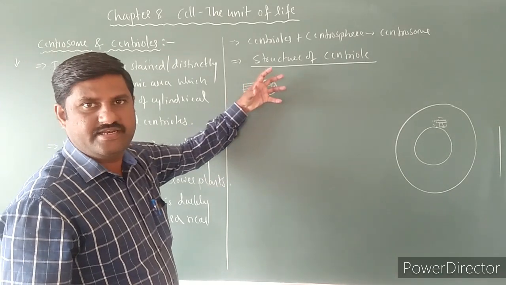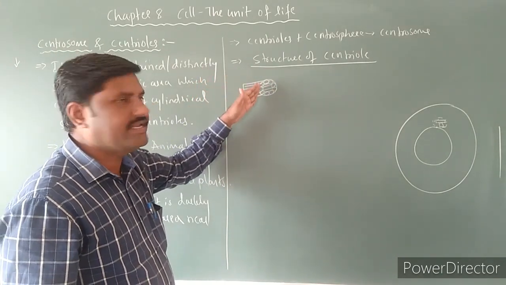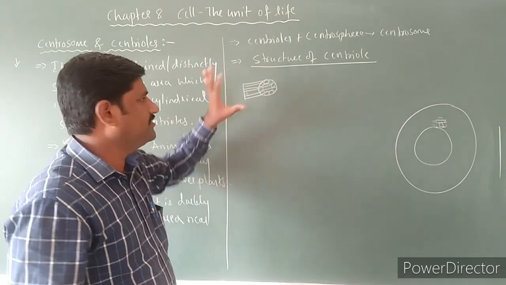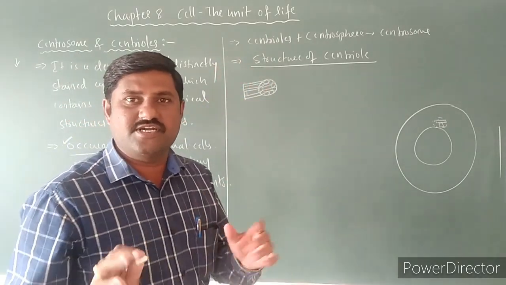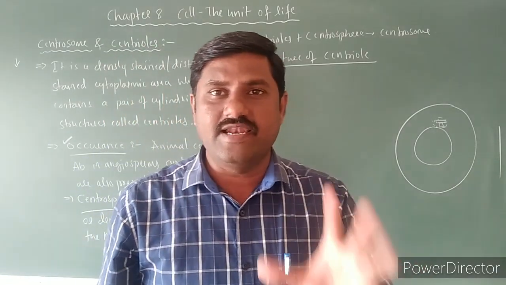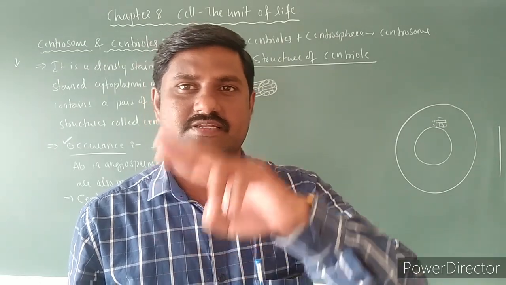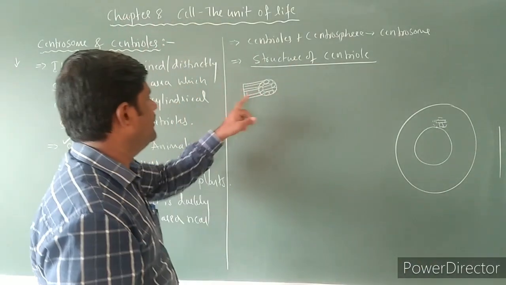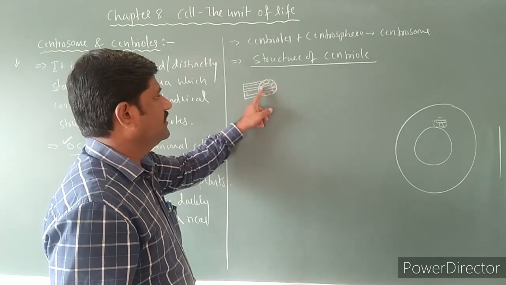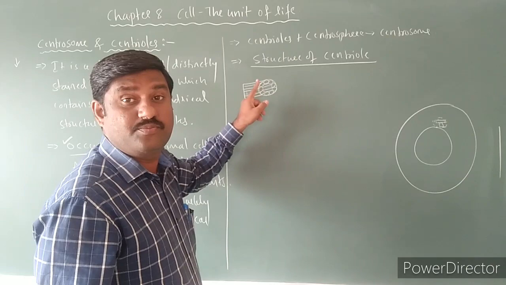It is a cylindrical structure which is lying at right angles to another centriole. This is one centriole that I am showing now, which contains 9 cylindrical triplets, peripherally arranged. These are 9 in number, peripherally arranged, and they are triplets.